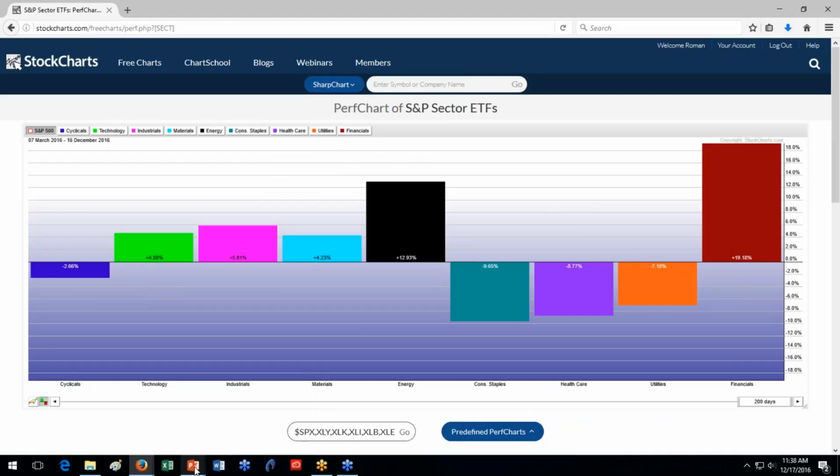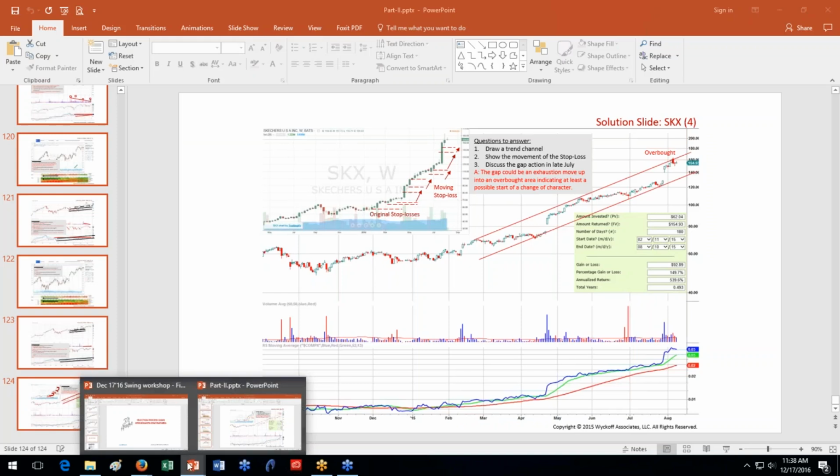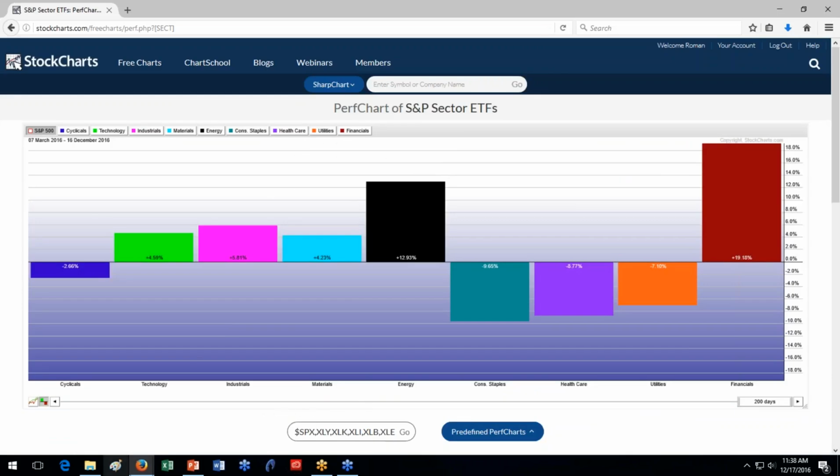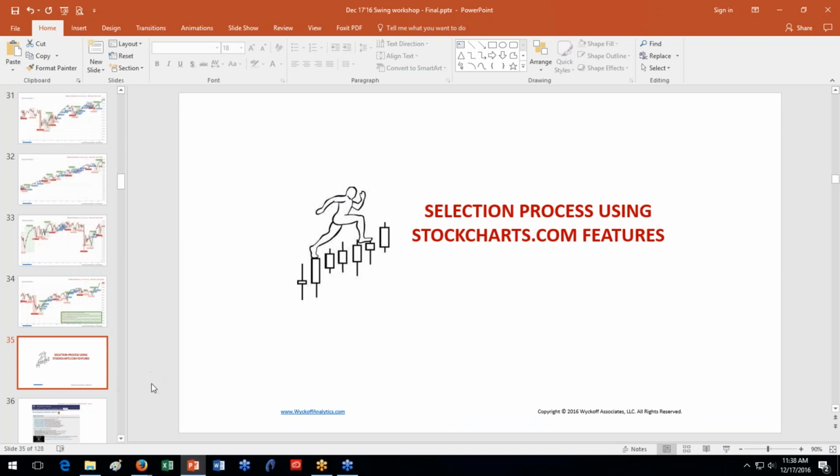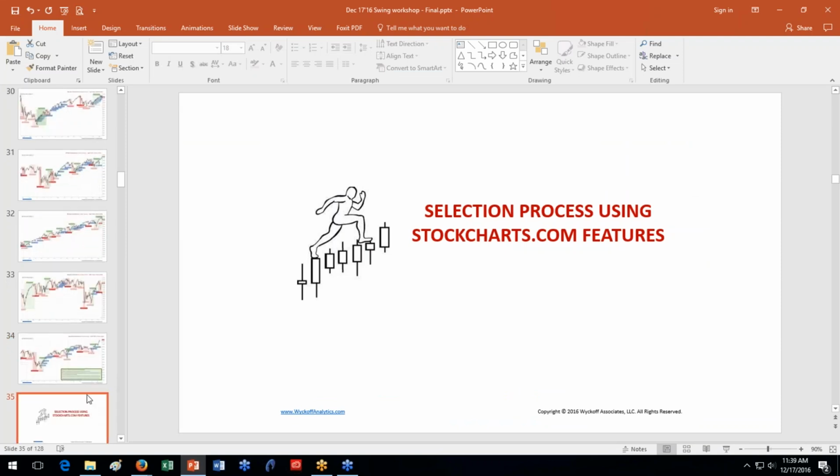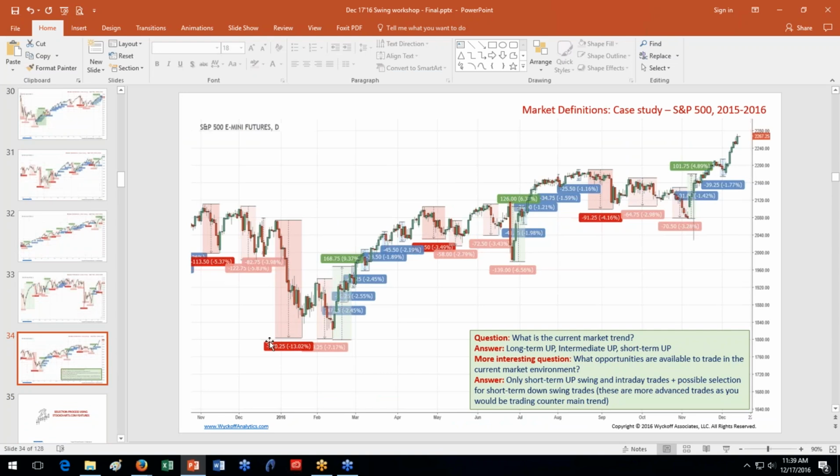Hold on a second. Let me just close this. Oh, okay, I can't. All right. So any of the sectors that were outperforming in the January and February lows of 2016. So that's the most recent example.